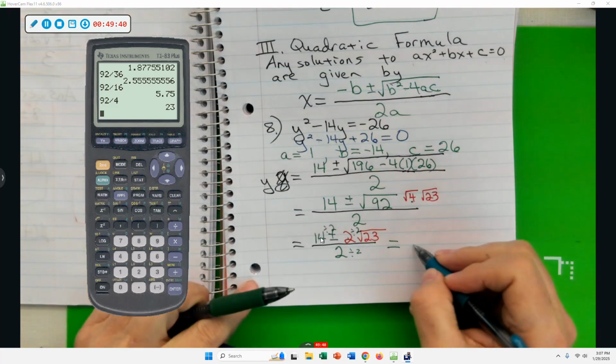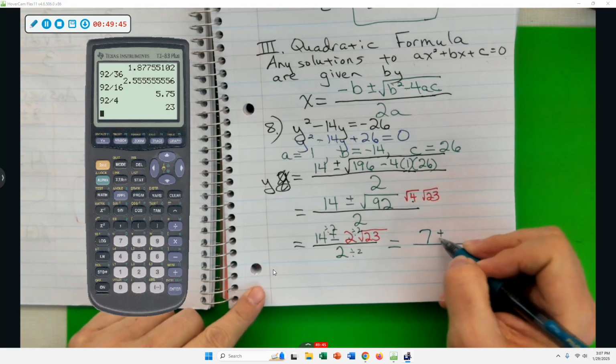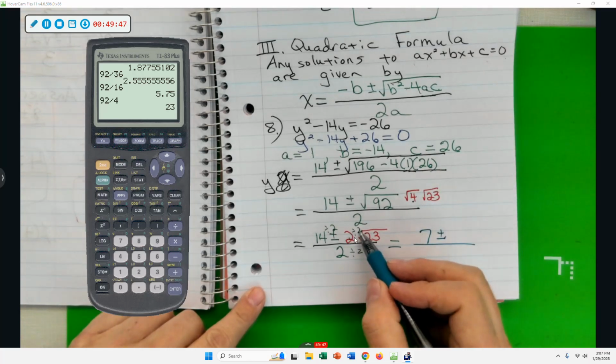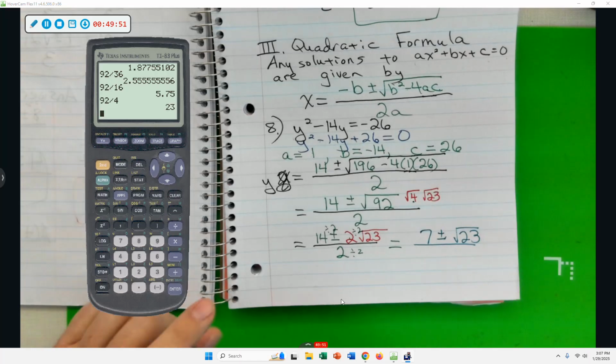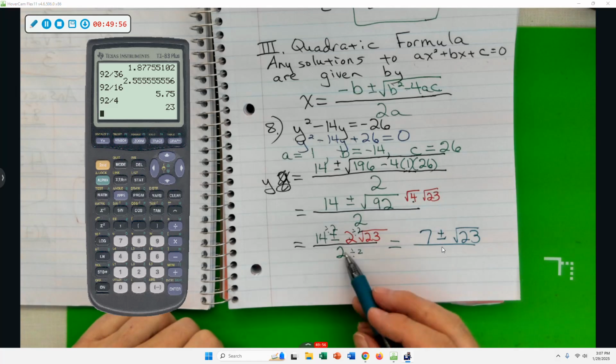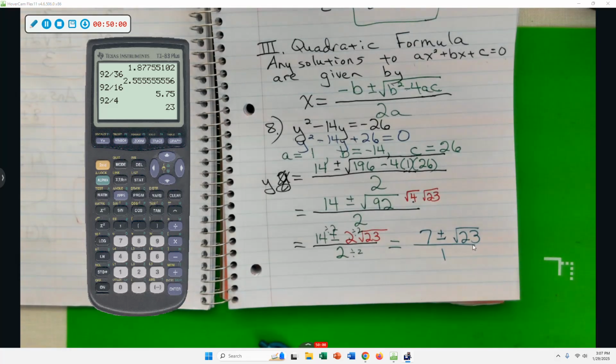14 divided by 2 is 7, plus or minus 2 divided by 2, that's just 1 square root of 23. What have we got in the denominator? 1. 2 divided by 2 is 1. So you don't have to write that.